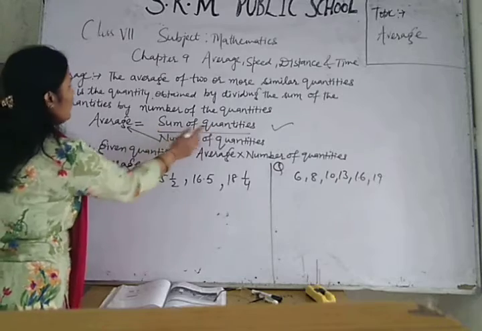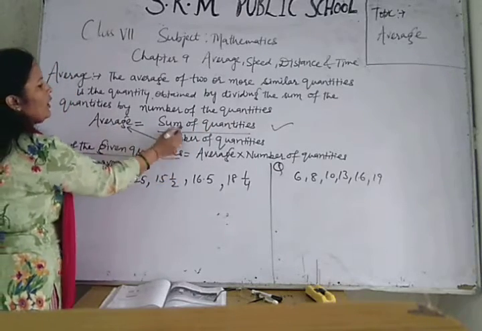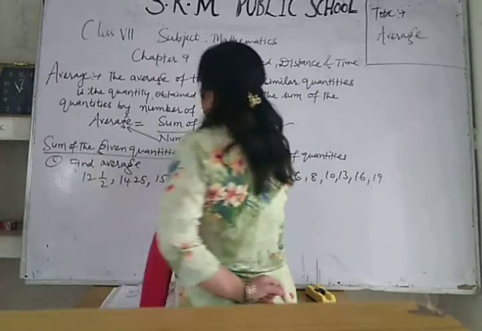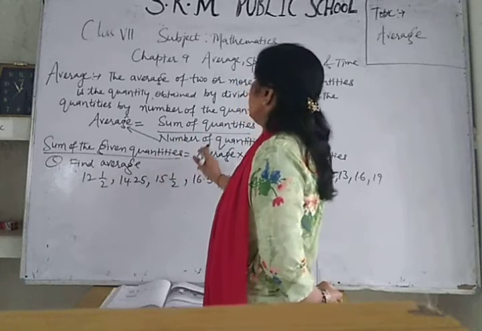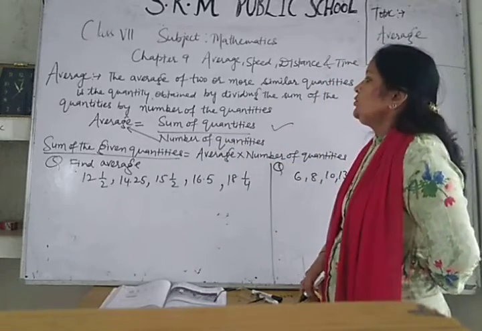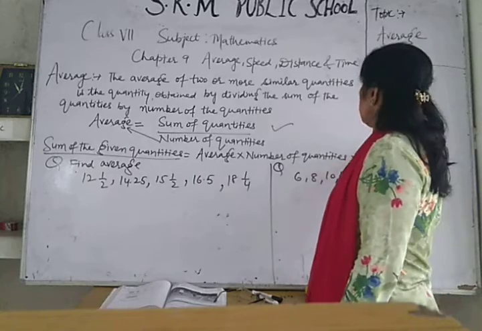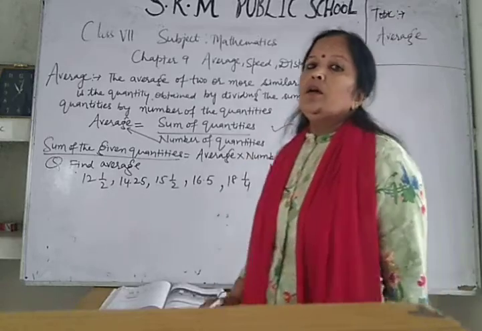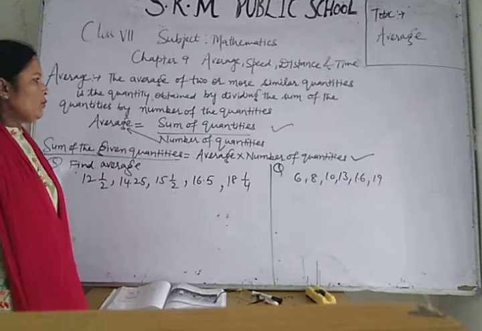So the sum of the quantities is equal to average multiplied by number of quantities. This is the second formula, which is derived from the formula for average, the sum of quantities divided by number of quantities.